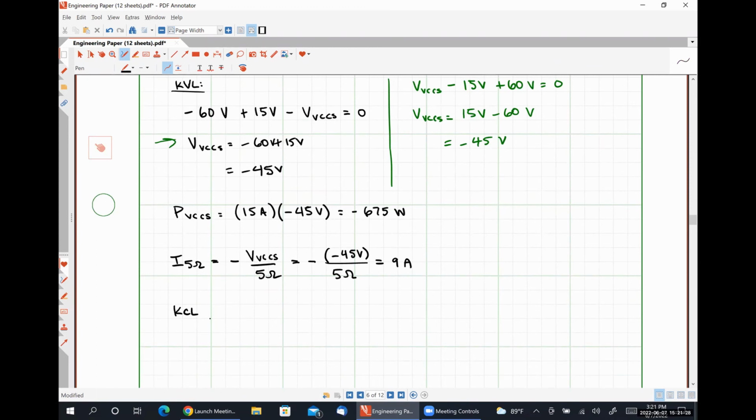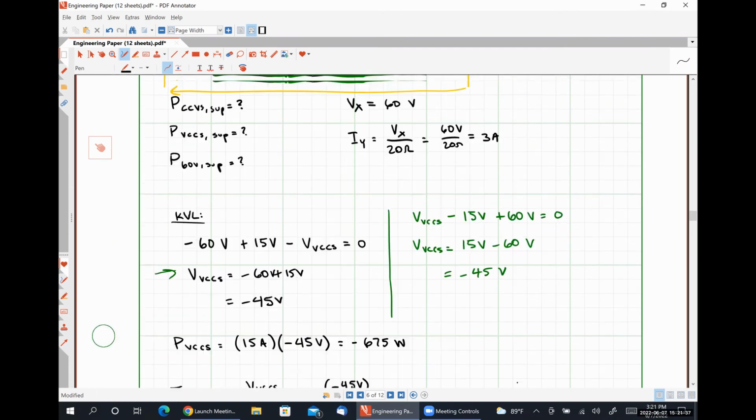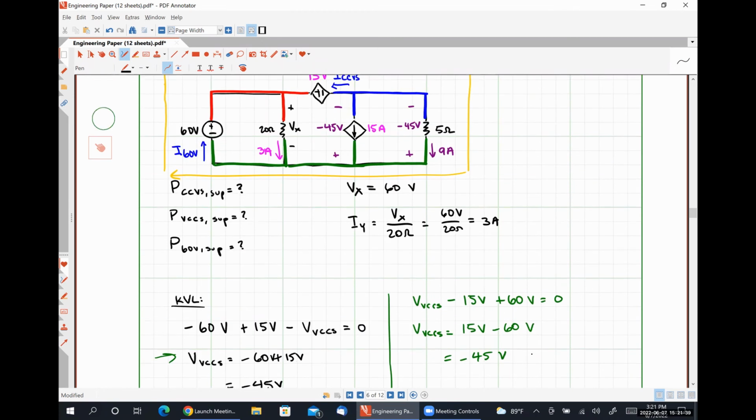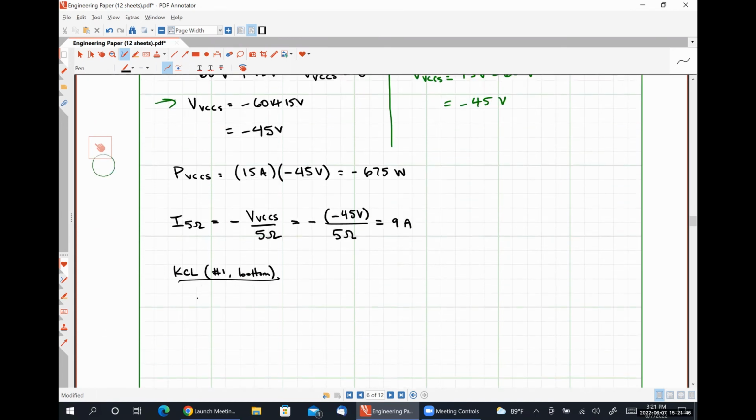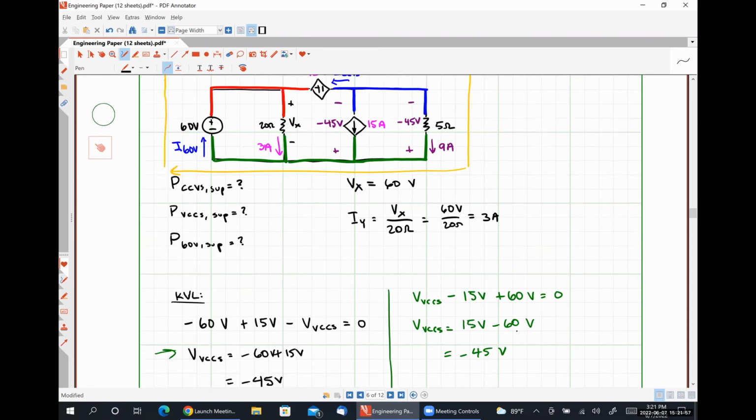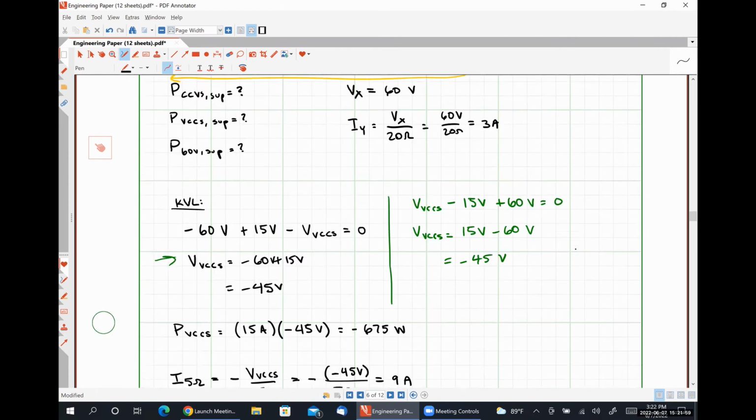My current flowing in is going to be 3 amps plus 15 amps plus 9 amps. My current flowing out is just I-60 volts.